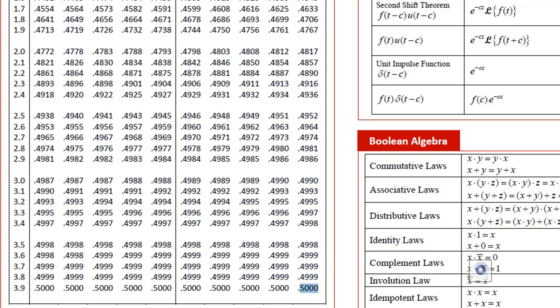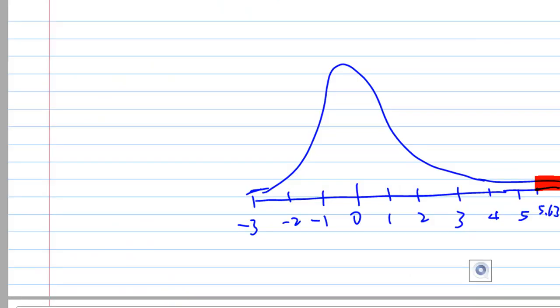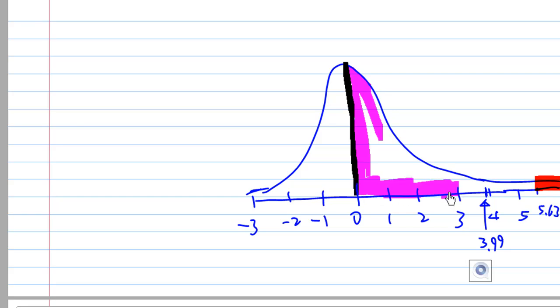That means, if you look at the standard normal curve, all the way from 0 to 3.99, this area is 0.5.